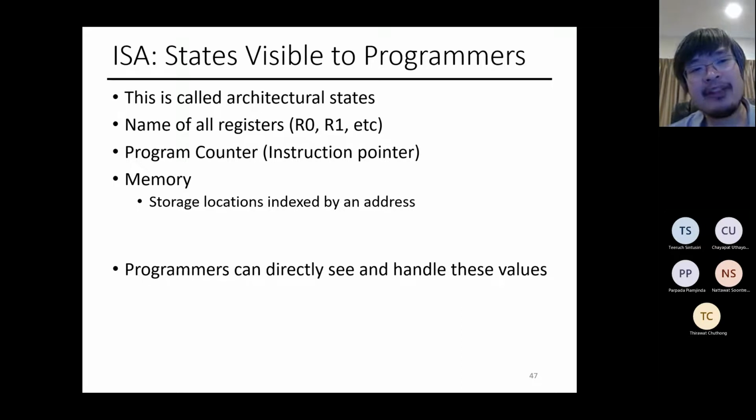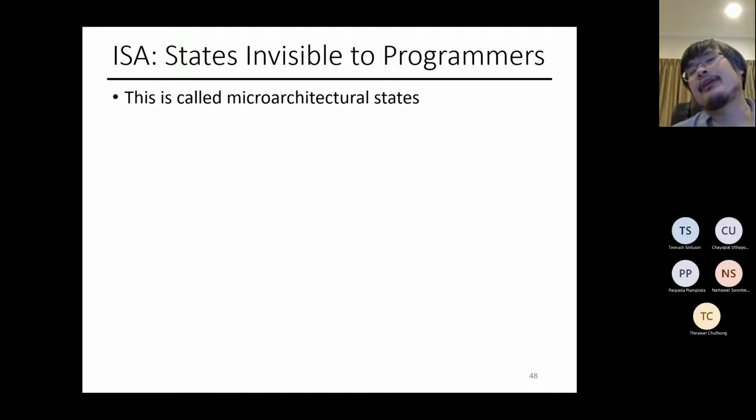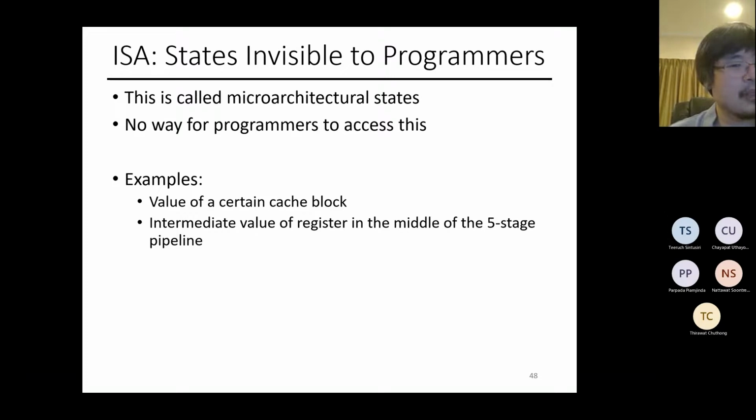But then this is where the interface ends, because there's also the internal state that is not visible to the programmer. This is called the microarchitectural state. There's no way for the programmer to access this. What are the microarchitectural states? Things like, what are the values of certain cache blocks inside my hardware?